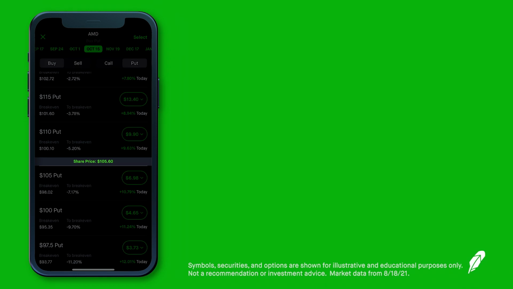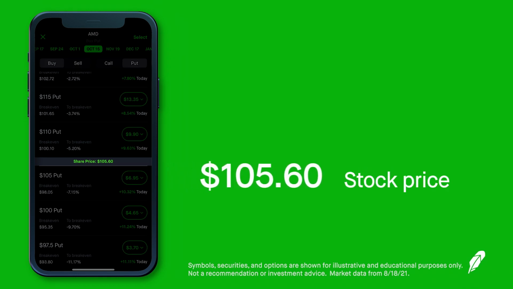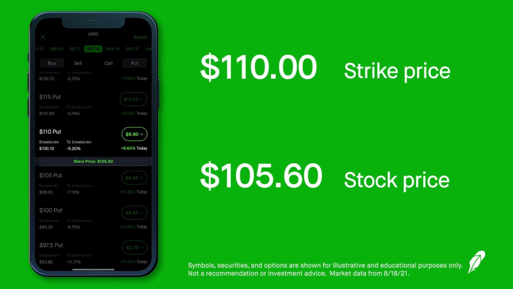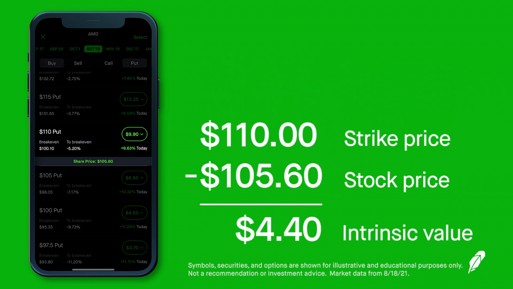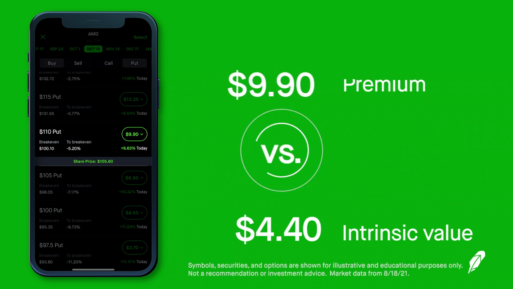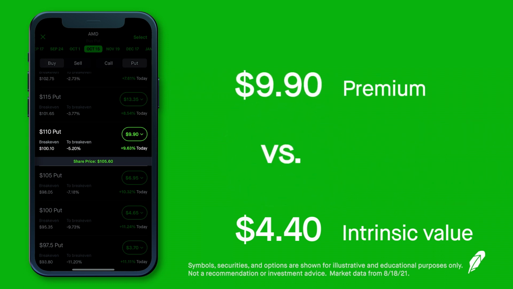So let's take a look here at, let's say, the 110 put, for example. Again, the share price of AMD in the market is at 105.60 right now. So this 110 put is deemed in the money by about $4.50. So you're in the money by $4.50, but you can see this contract's premium right now is $9.90.